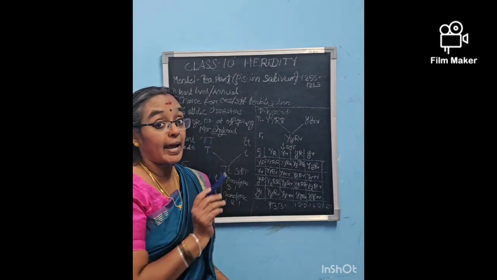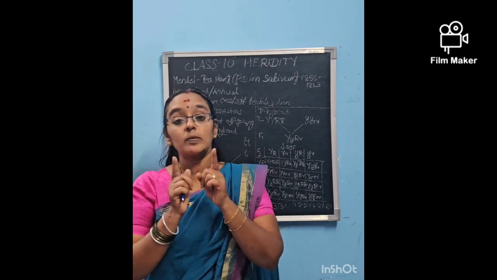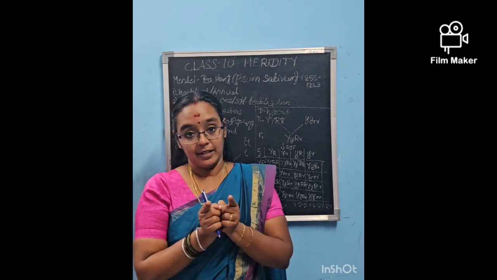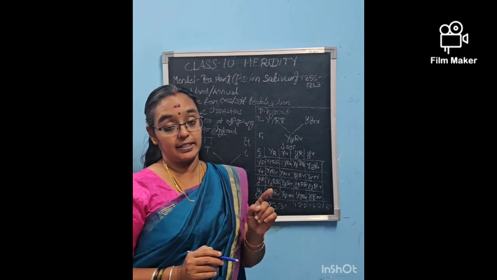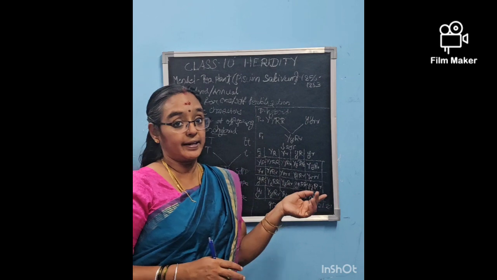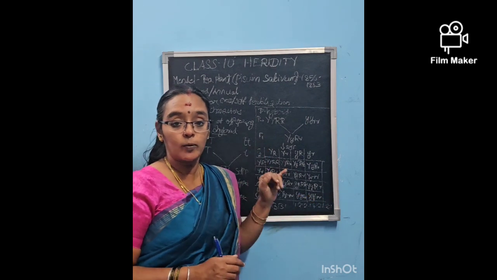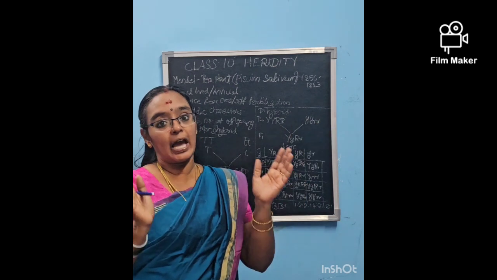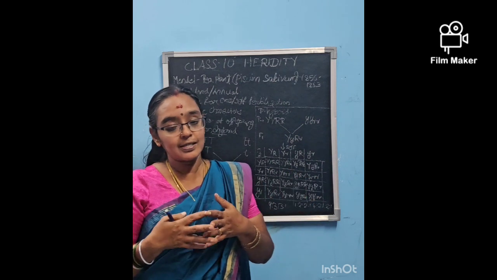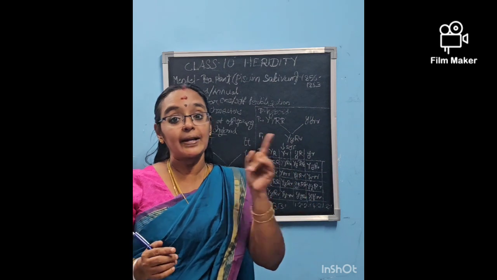As chromosomes are in diploid condition, with 2 characters, it will be represented as TT, capital T for the homozygous tall plant and small t for the homozygous dwarf plant. Then what did he do? He took the gametes. The gametes have to be taken for fusing, isn't it? So for fertilization, gametes have to be taken.